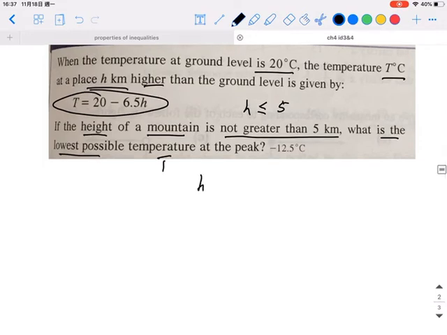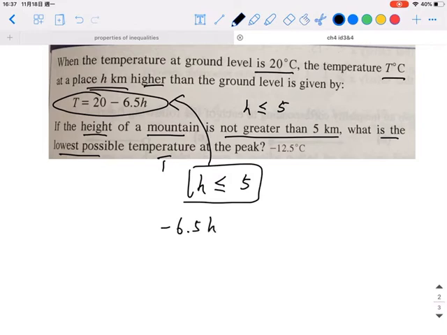So we start from h is less than or equal to 5, and we change from this inequality to the formula given. First of all, we multiply negative 6.5 on both sides. And remember, if this is a negative sign, change the sign to greater than or equal to. After some simplification, it becomes negative 32.5.